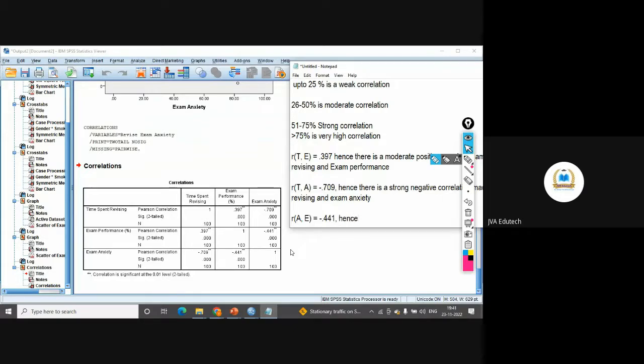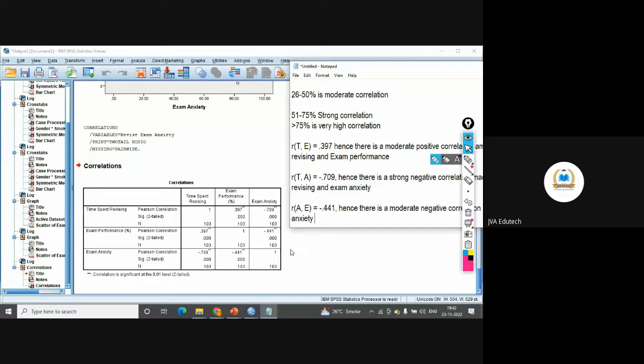Hence, there is a moderate negative correlation between exam anxiety and exam performance.